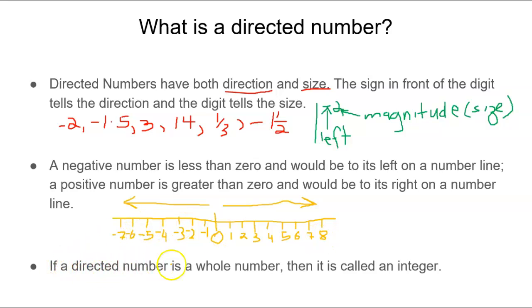Now, if a directed number is a whole number, then it is called an integer. So notice up here we have -2, -1.5, 3, +14, +1/3, -1.5. The whole numbers here are -2, then we have 3.